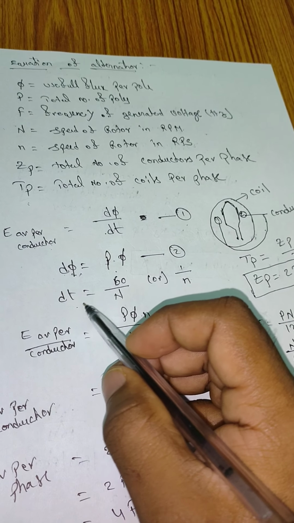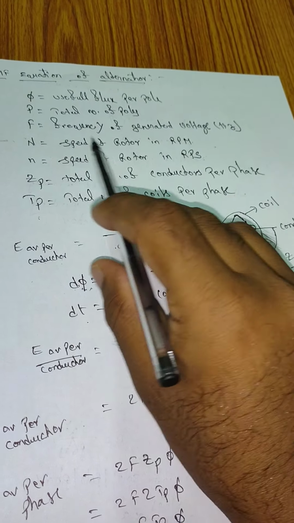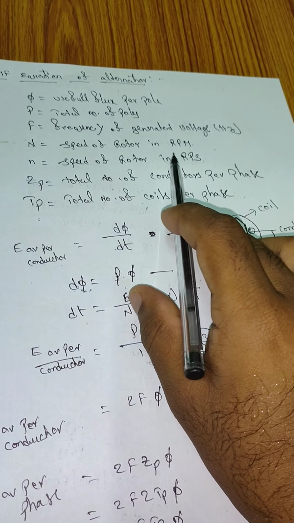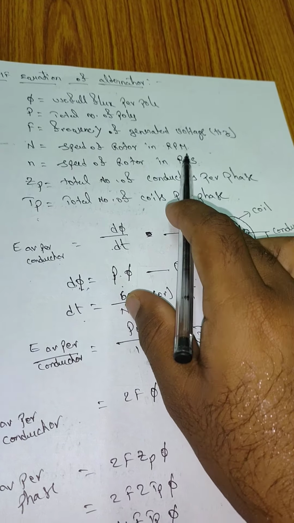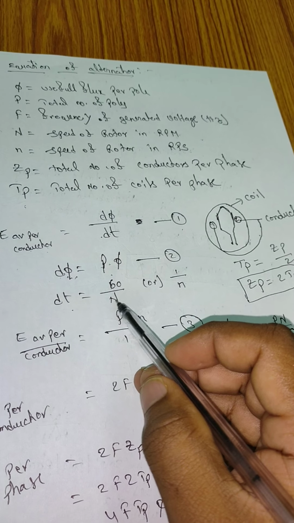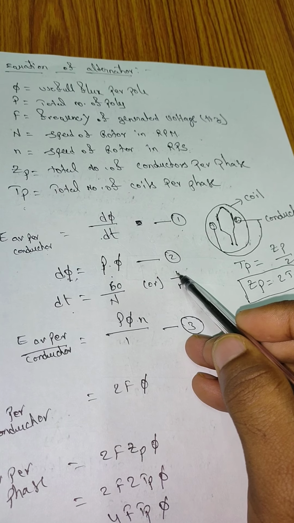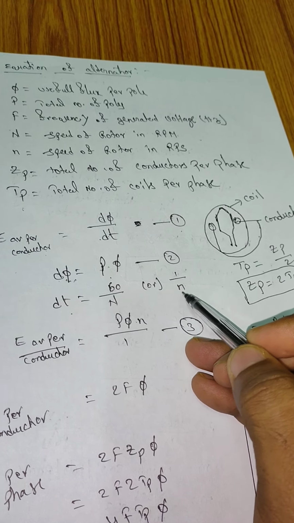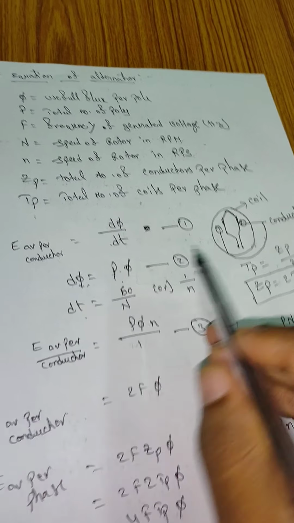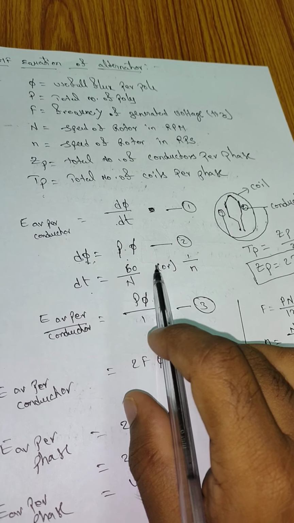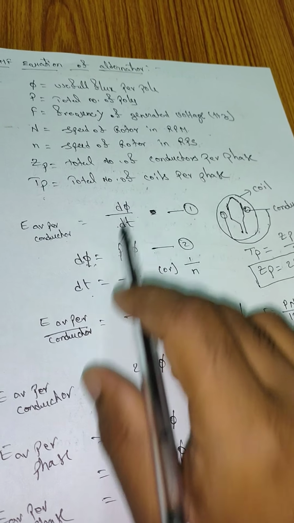For the time period, we already told you, capital N is RPM and small n is RPS. Per minute you can take it as 60 by N, N in the sense revolutions. For one second, it is 1 by n revolution. This is equation 3. Now you substitute these two equations in equation 1.